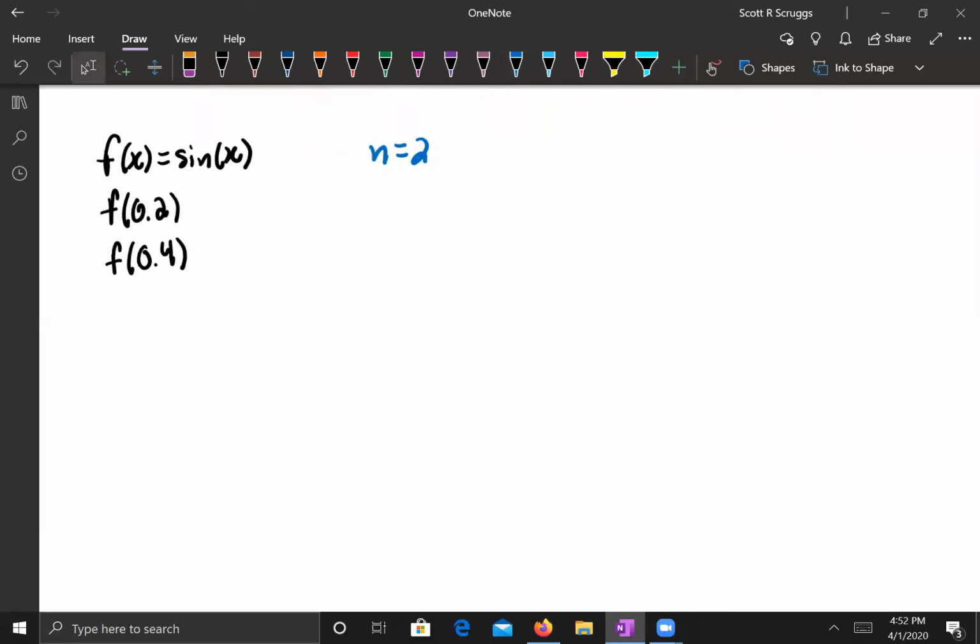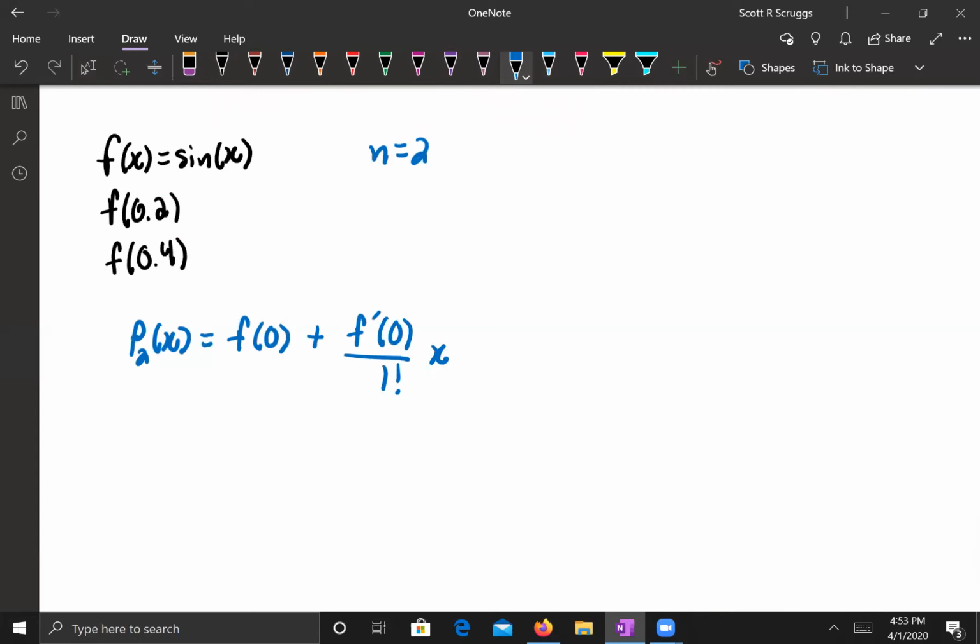What that tells me is the first step is I need to approximate f of 0.2. So first, I'm going to find the second order Taylor polynomial using our formula.